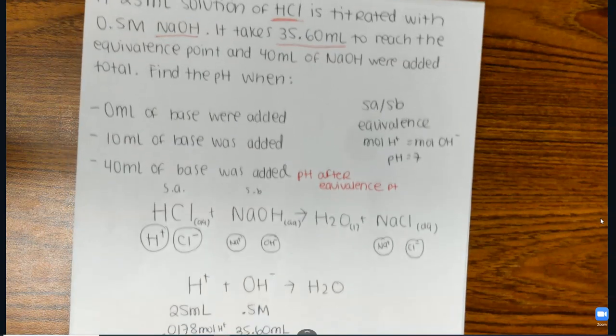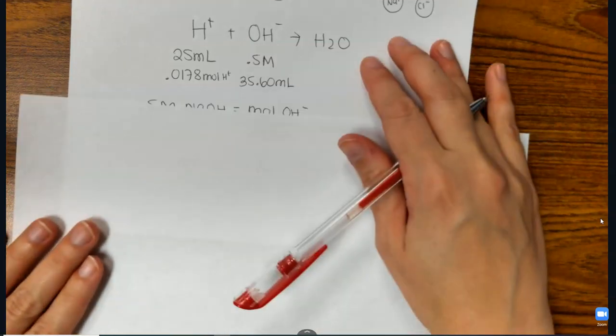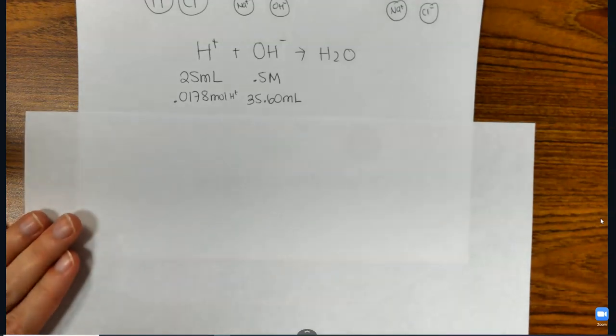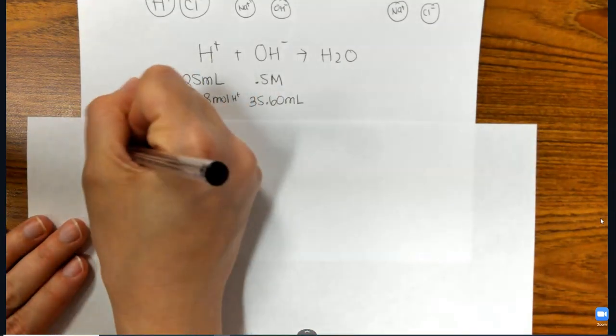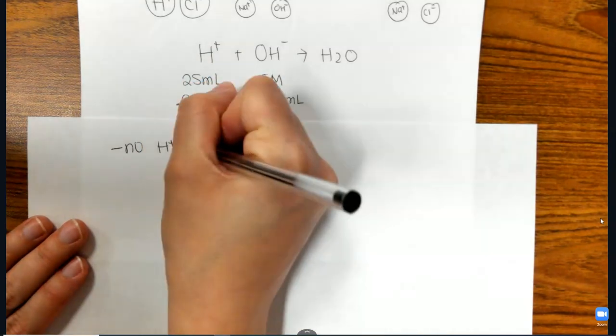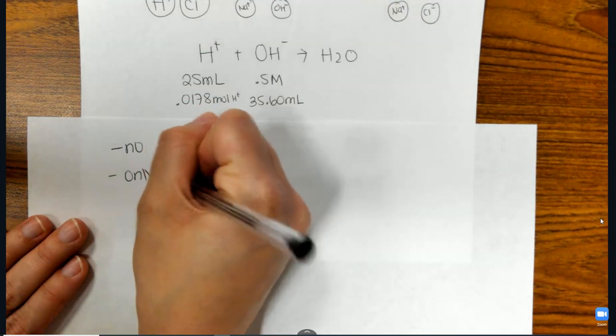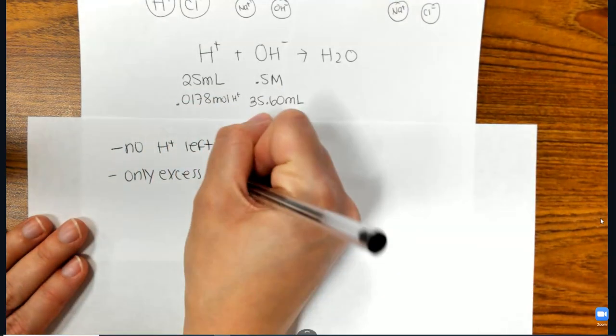Let me switch to a different piece of paper. How I would solve this is I know that after the equivalence point, there is no acid left. There's only excess base, or excess OH.